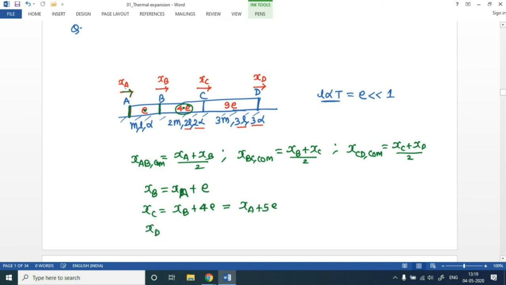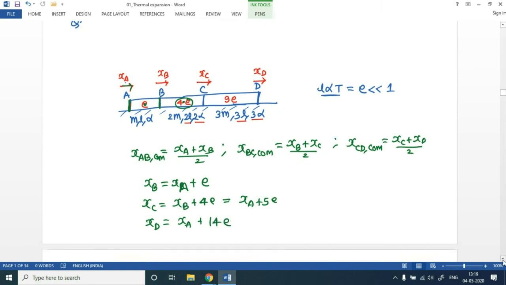And similarly XD in terms of XA and E would be XA plus the total elongation, 9 plus 4 plus 1, so XA plus 14E.